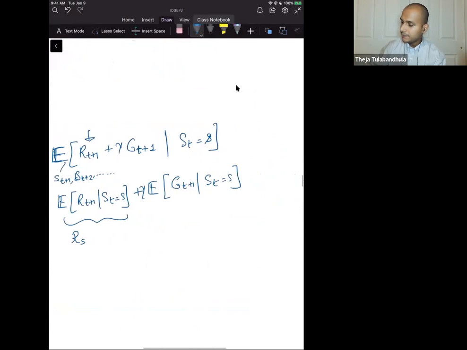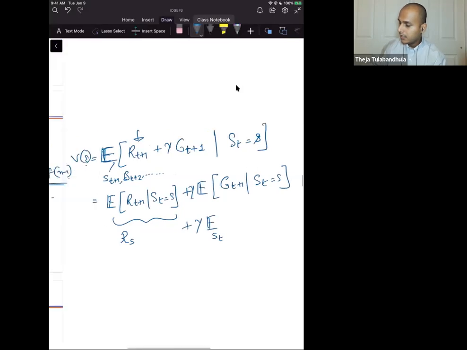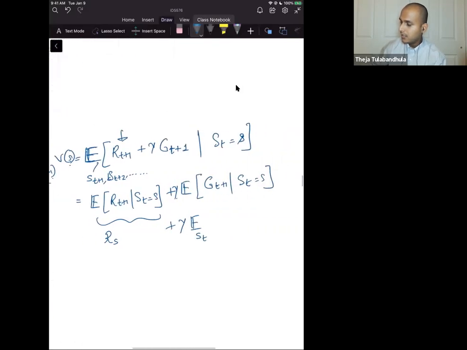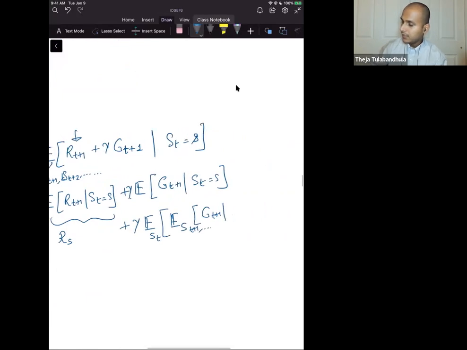Now for this second term, plus gamma, what you can do is keep the expectation with respect to S_t out, and then take the expectation with respect to the remaining random variables, S_{t+1} onwards, of G_{t+1} given S_{t+1} equal to some s prime.